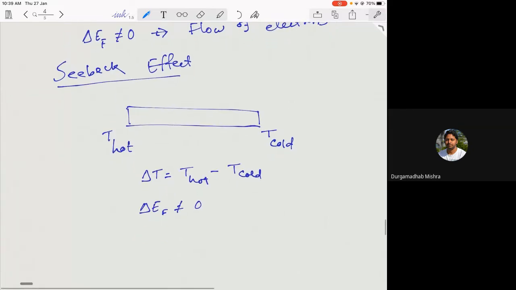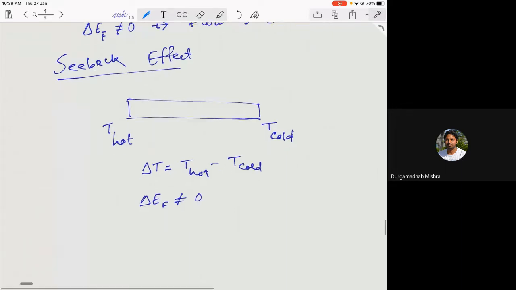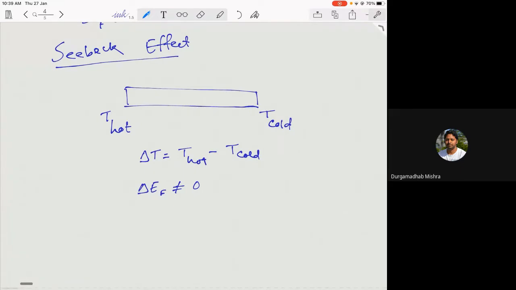I'm not taking a different material, even in the same metal, one end I am heating up and the other end is cold. In that case, the Fermi level will not match, so delta EF will not be 0. That means there is a gradient here.